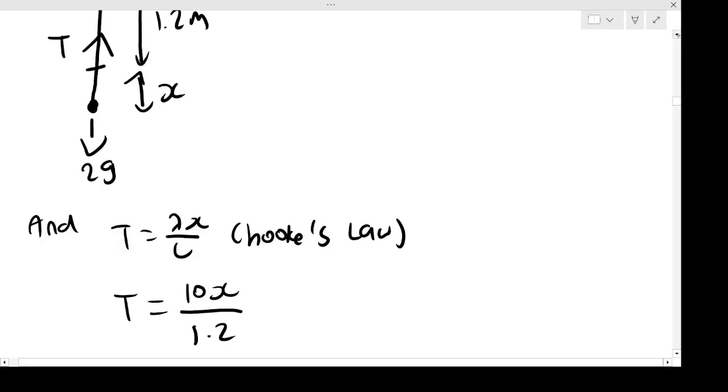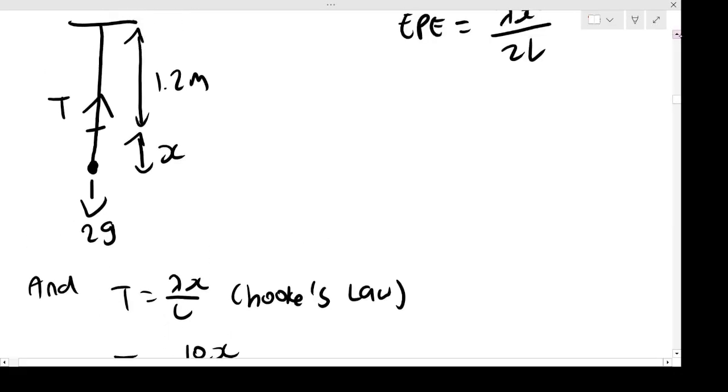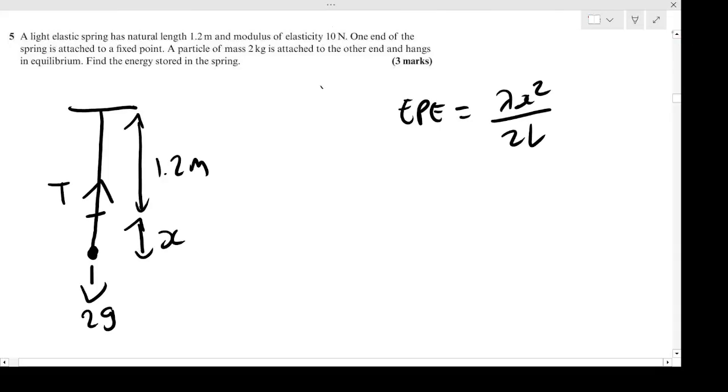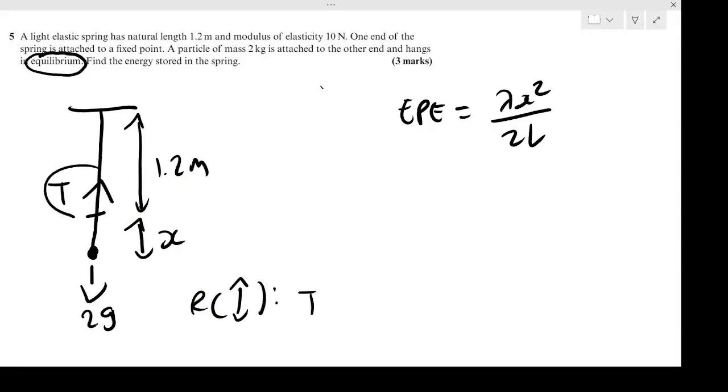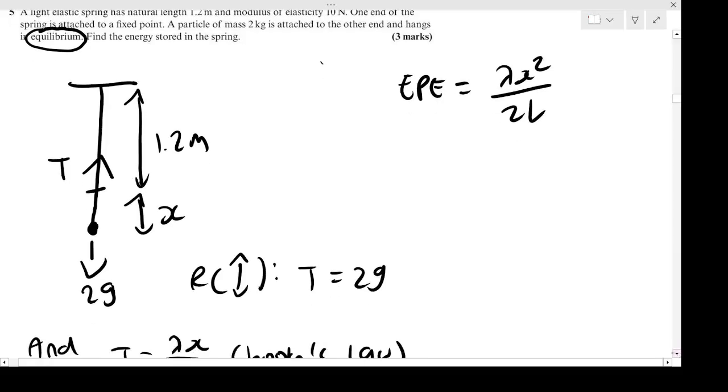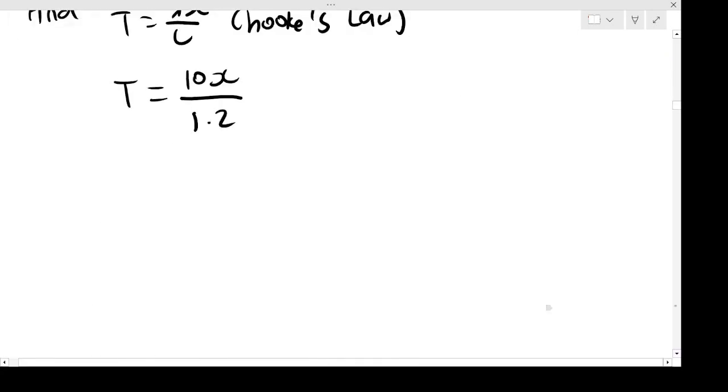I'm told it's in equilibrium, which means no acceleration, so if I resolve up and down, the forces have to be equal. The tension acting up has to equal the downwards weight of 2g. So there we are, we've got T. 2g, so 2 lots of 9.8, that's going to get me 19.6.